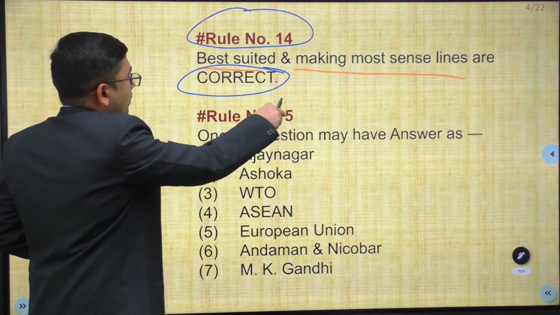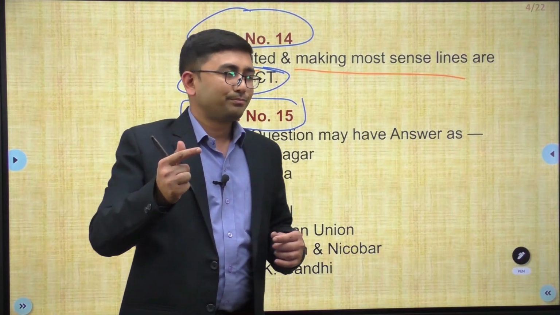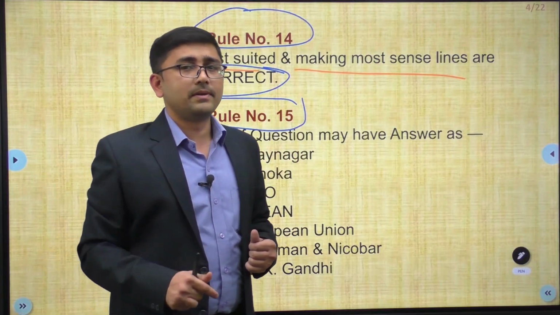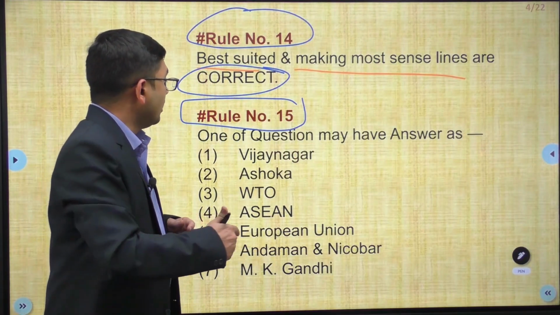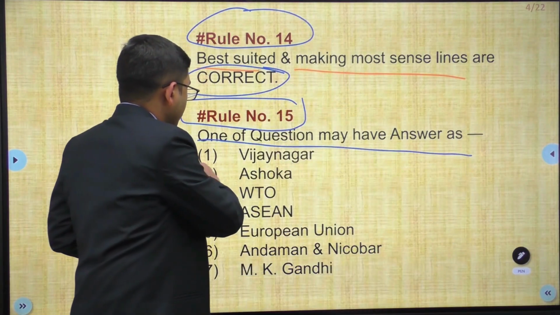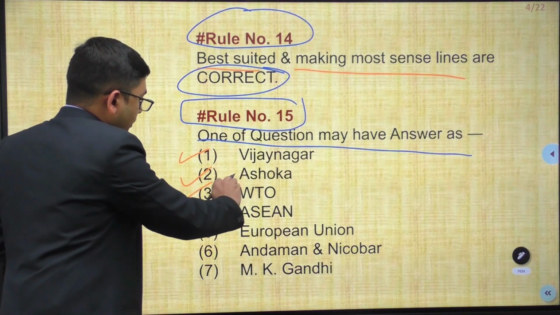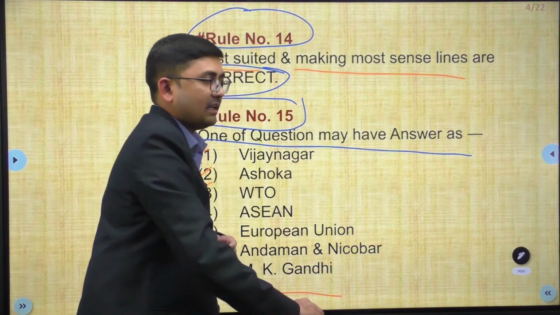Rule number 15, what does it say? You could say rule number 15 is a bonus paper. How, sir? High weightage options are most of the time correct. One of the questions may have the answer as Vijayanagara, Ashoka, WTO, ASEAN, European Union, Andaman Nicobar, MK Gandhi, likewise.